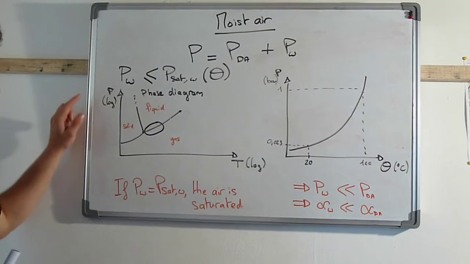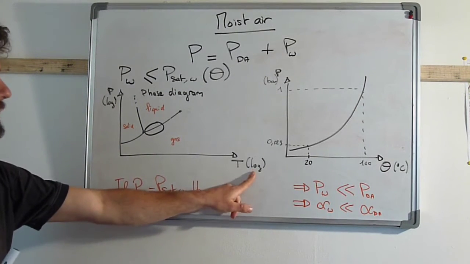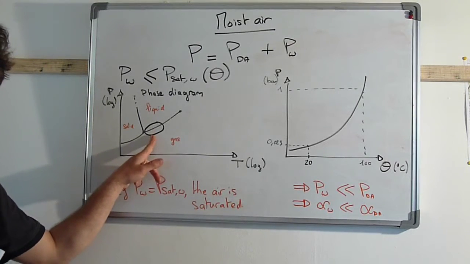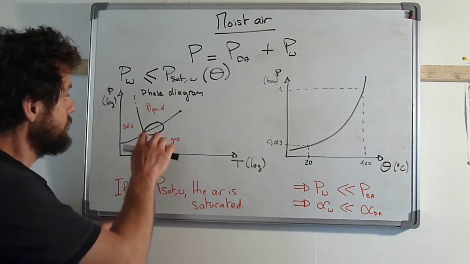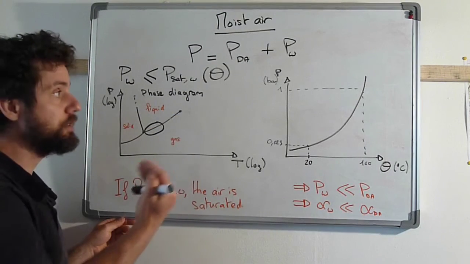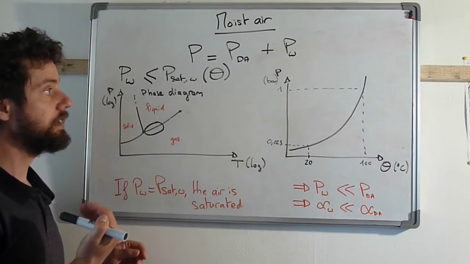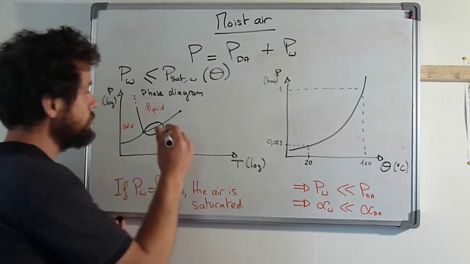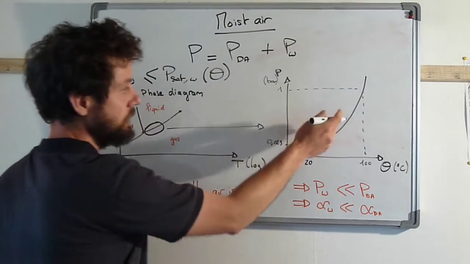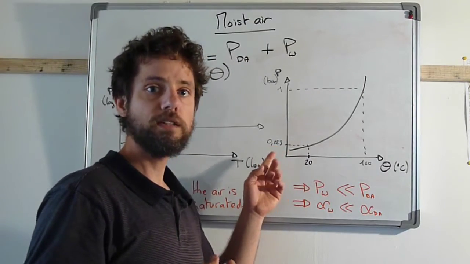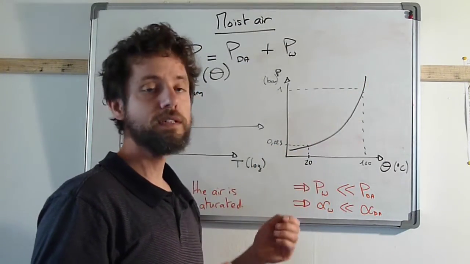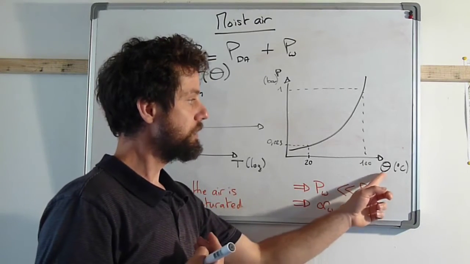So as I told you, this is a log-log scale, so we don't really see the exponential behavior of this curve if you plot it on a normal scale. I just did a zoom of this area on the next graph, and we can see that the saturation pressure is increasing exponentially with the temperature.